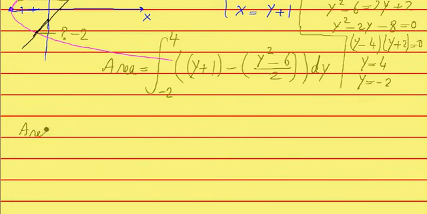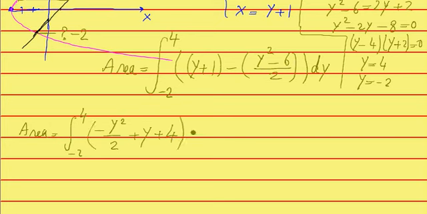So area is integral from minus 2 to 4 of, simplifying all of that, let's write it in order, minus y squared over 2, and then I have a plus y, and 1 minus 6 over 2, that's a 3, that makes a 4.